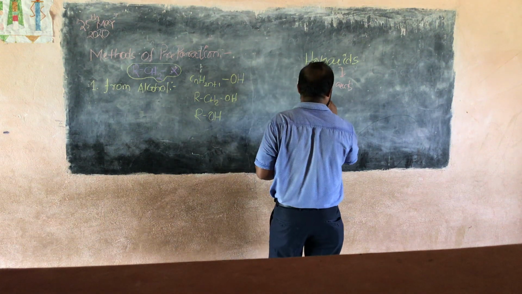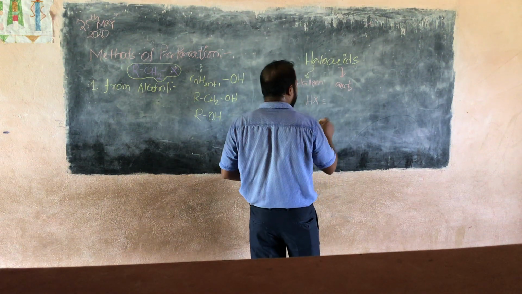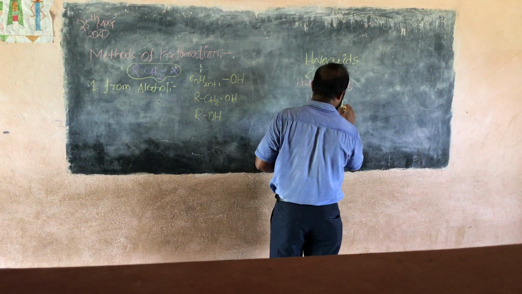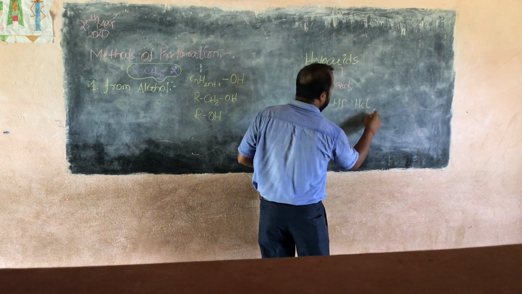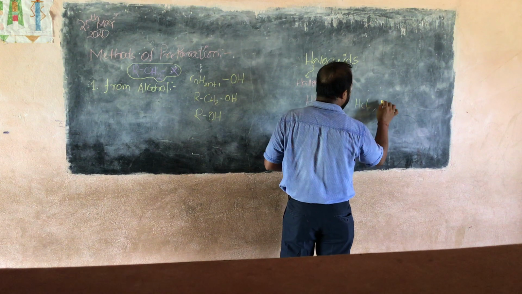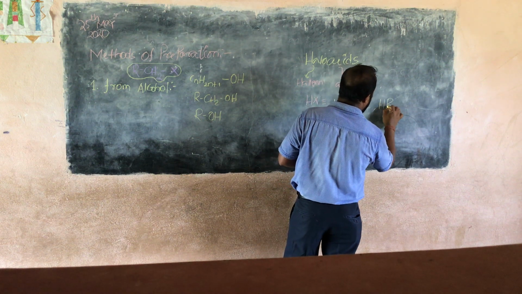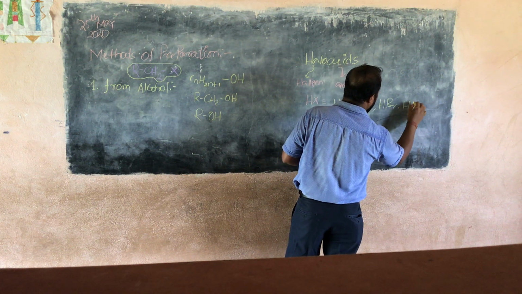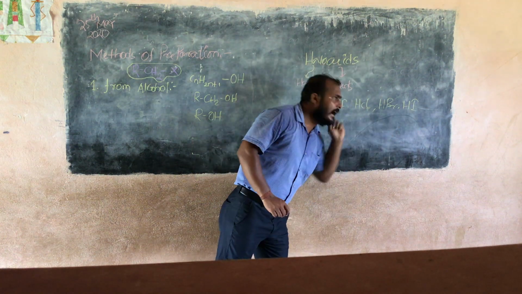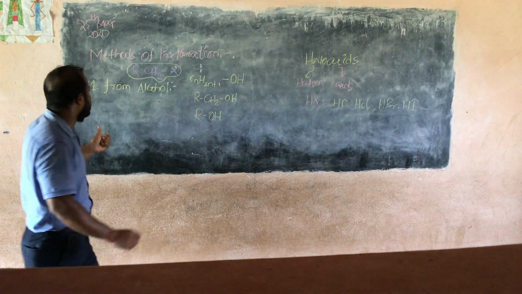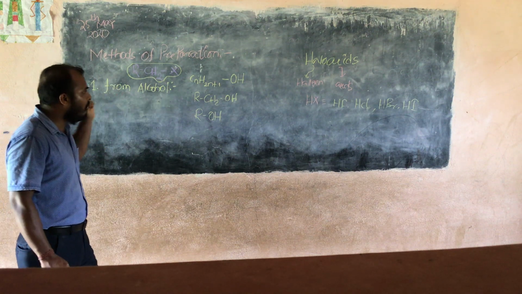So HX can be HF, HCl, HBr or HI. We have to use these haloacids in the preparation of haloalkane from alcohol.